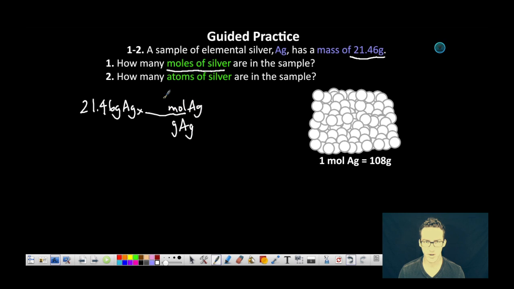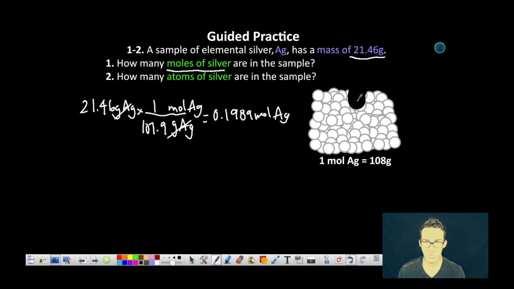I'm going to use the one on the periodic table, which is close to 108: 107.9 grams. When we solve, our units of grams cancel, and we're left with moles, to get 0.1989 moles of silver.